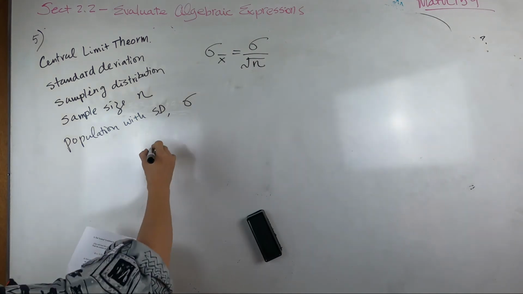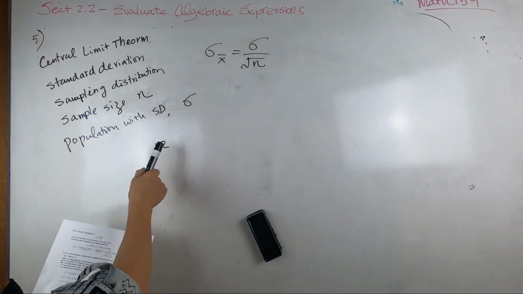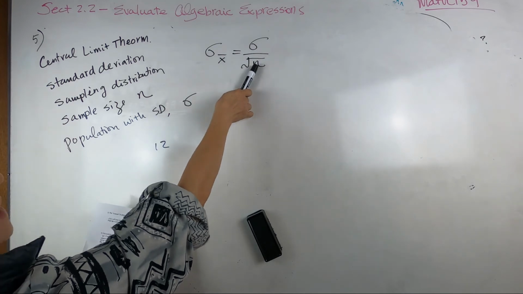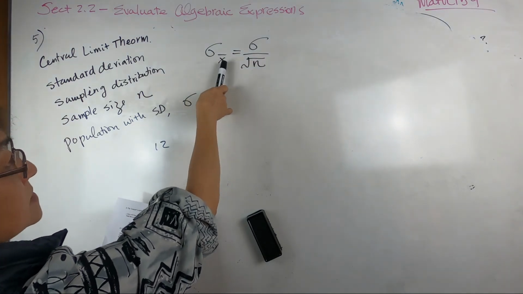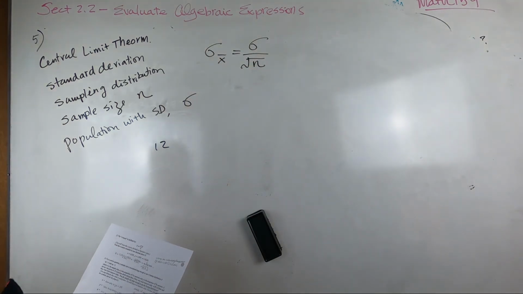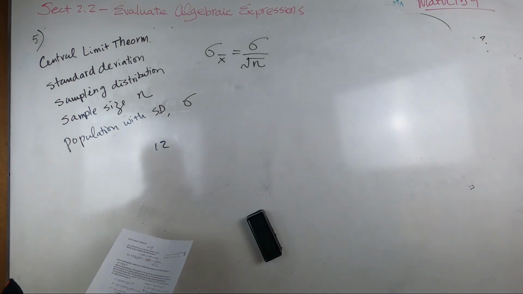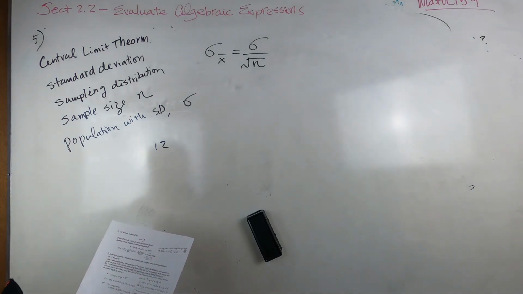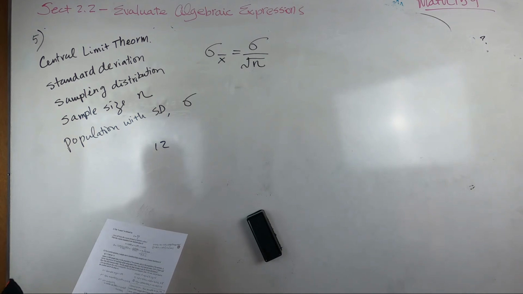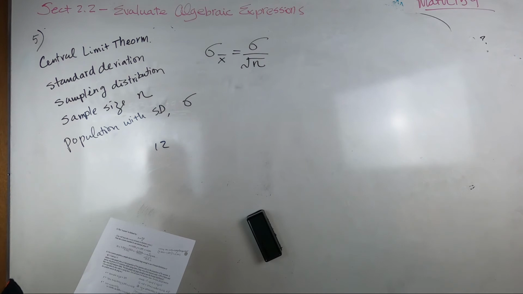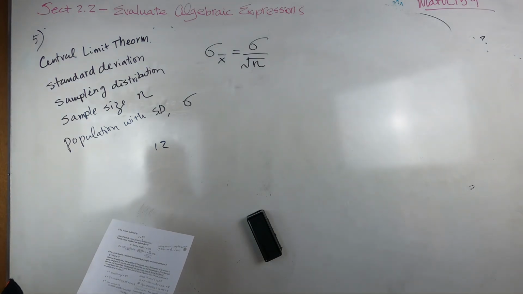So it says something is 12. Which one is 12? Is it n or your sigma x bar? We need to connect that. Then what is the standard deviation of the sampling distribution for samples of size 35? Round your answer to 2 decimal places.